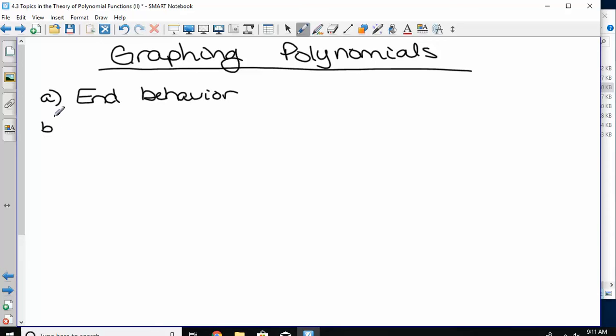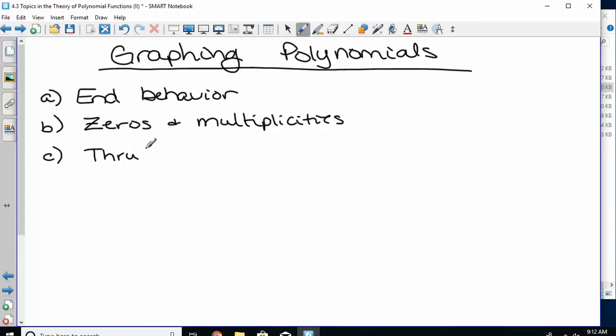Second thing I'm going to ask you to do is find all the zeros and multiplicities. Third thing, we will decide if the graph goes through or bounces for each zero.